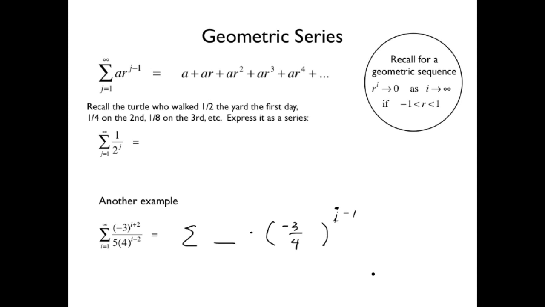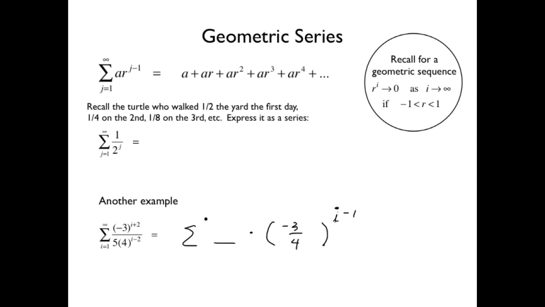Okay, so in the top we had i plus 2 negative 3's, and we just grabbed i minus 1 of them. Do you see that? But really it needs to be i plus 2 negative 3's. So how many negative 3's did we essentially take out to get i minus 1? 3.